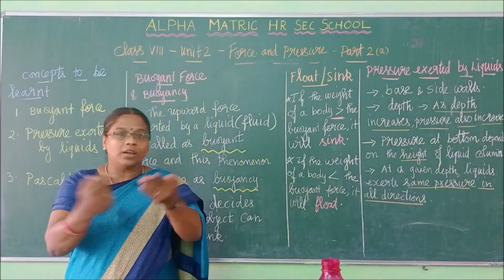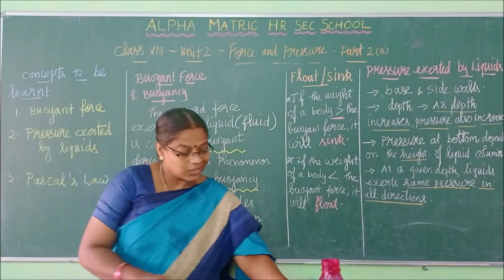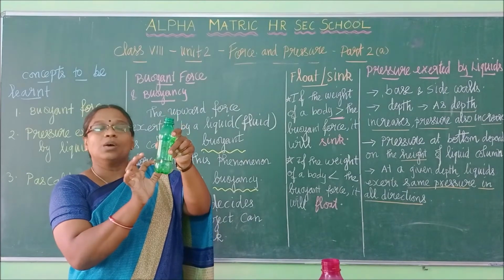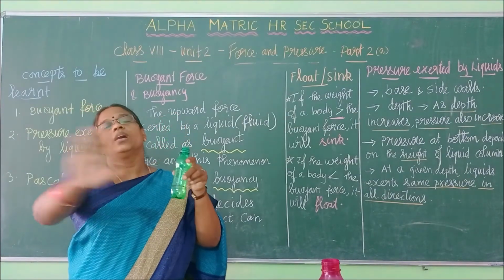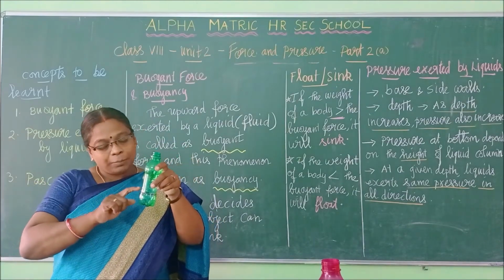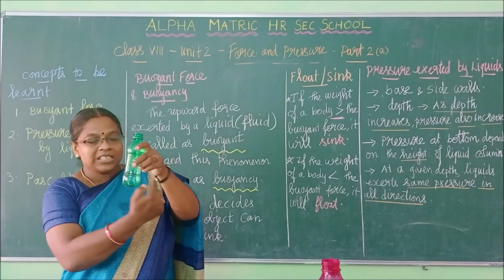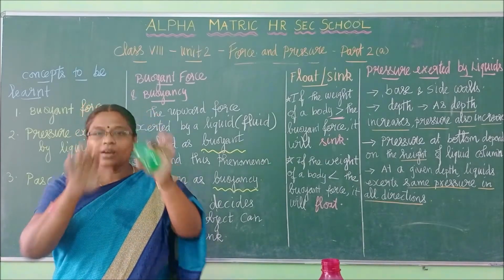At one particular depth, the liquid will exhibit the same pressure in all directions. As depth increases or decreases, only then will the pressure vary. But at this point, the pressure at every point inside the liquid will be the same.